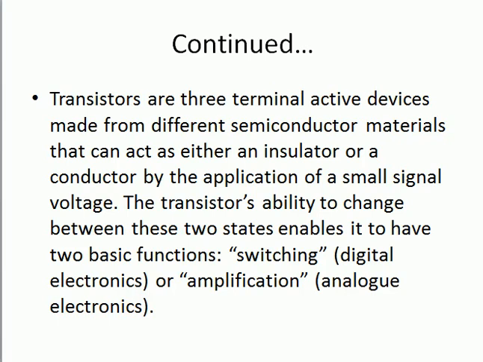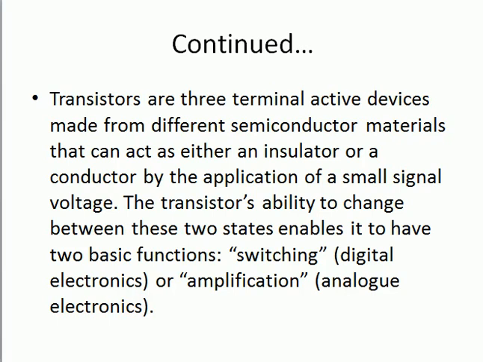From the name, emitter means emit, so basically it is the source of production. It provides the charges. The base controls those charges that are coming from the emitter. And the purpose of the collector is to collect all these charges that are coming from the base. So these are the three terminals of a transistor.